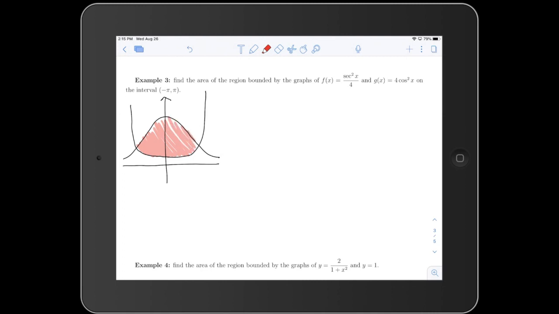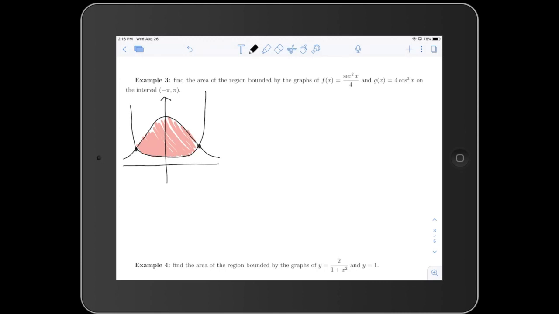This area is completely symmetric over the y-axis, which means you could make your computations a little simpler by just doubling one of the areas, from 0 to whatever these points are. Again, just use Desmos to find these points. You'll see that they are from negative pi over 3 to pi over 3. You can also find these values algebraically.